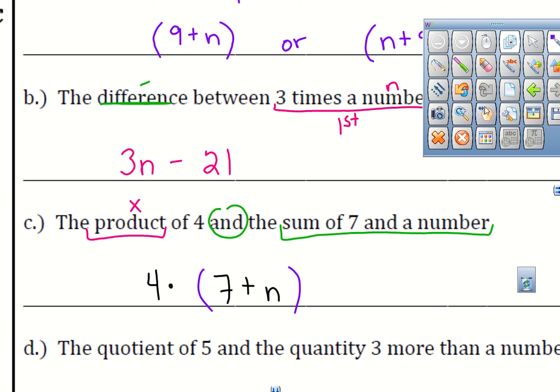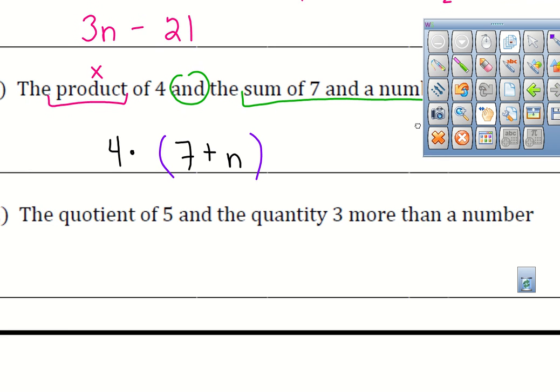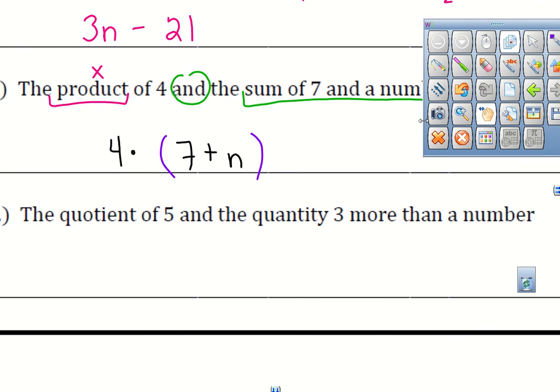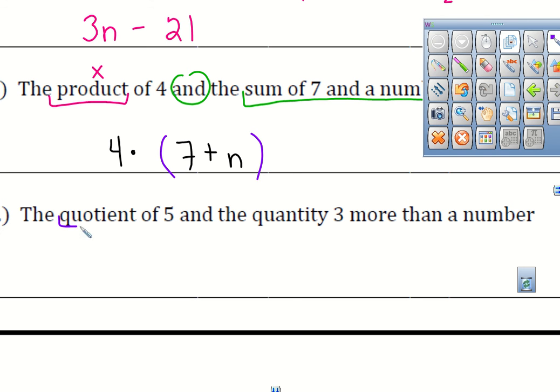Last one, letter D. Says the quotient of 5 and the quantity 3 more than a number. So quotient means, again, division. So the quotient of 5, I'm going to start with 5.